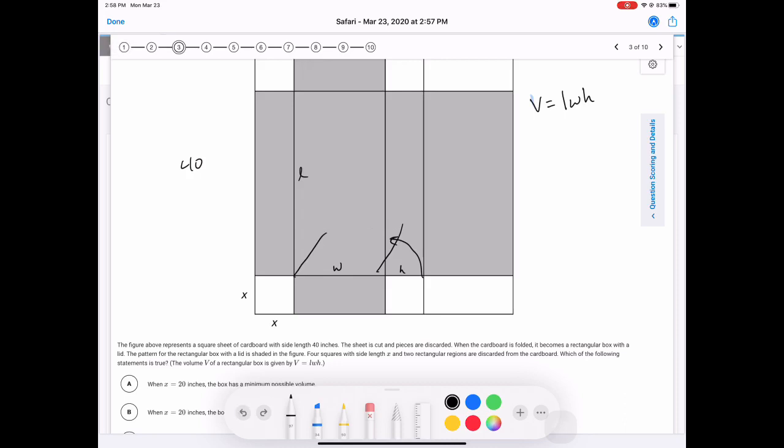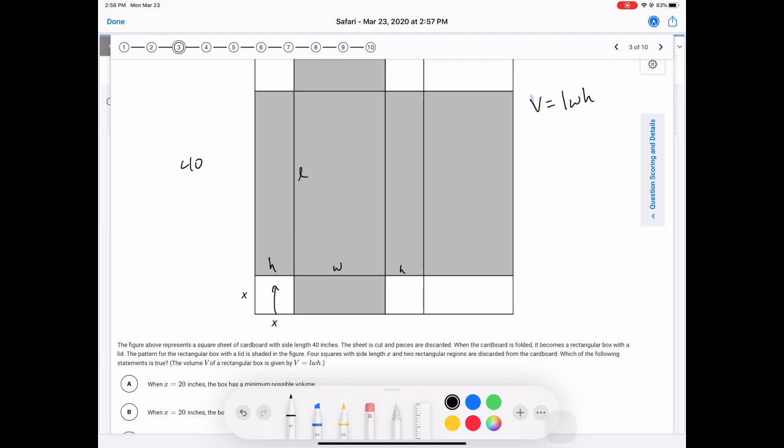So let's use some letters here. We know that the x is our height. Let's call this y.